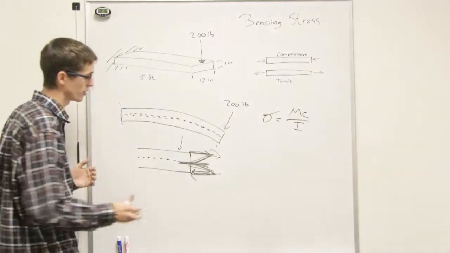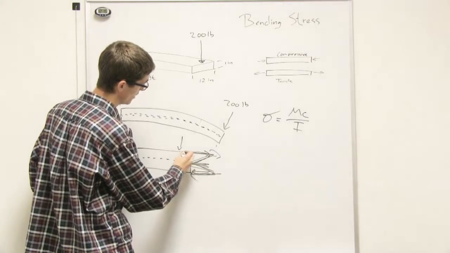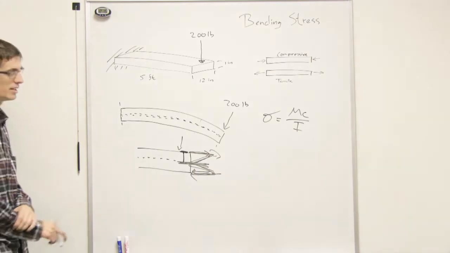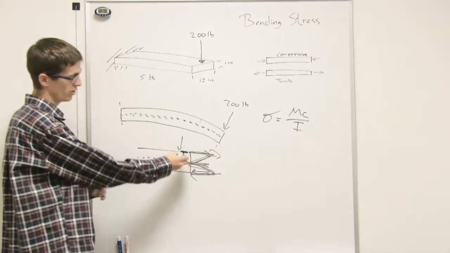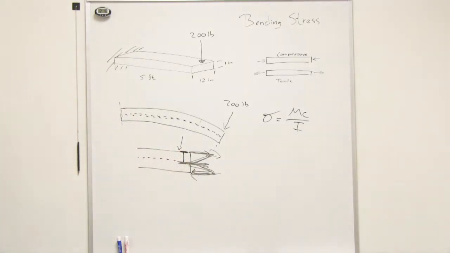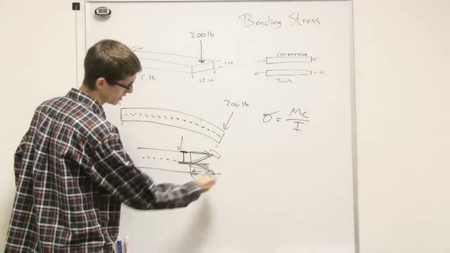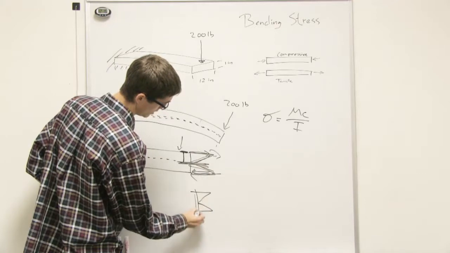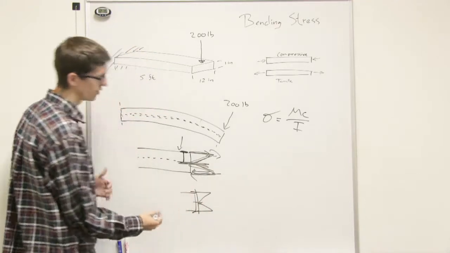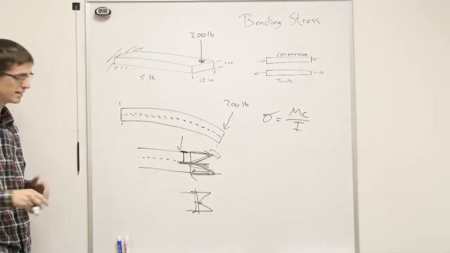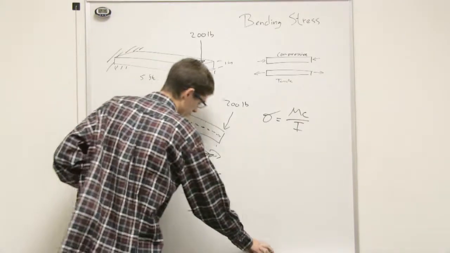So if you're trying to find the maximum tensile stress at the top, it's going to be that distance from the midpoint to the top. If you want to find the stress at the middle, we already know it's zero because the shape looks like that. Right there at zero, there's going to be no stress. That c is zero, right? So there's going to be no stress at that centroid point.